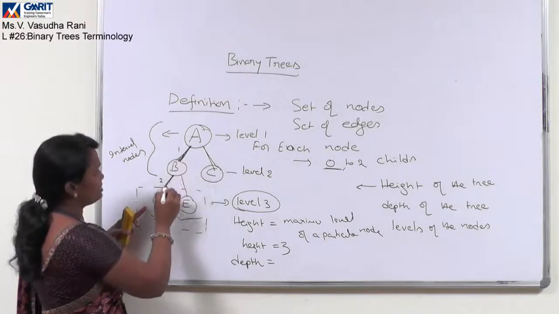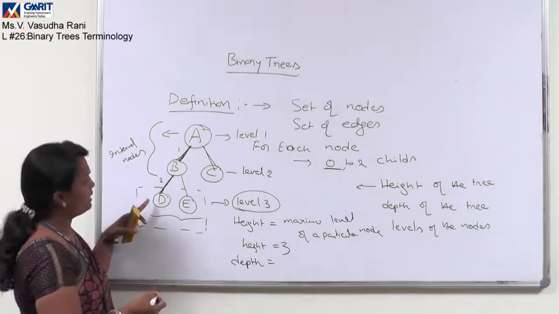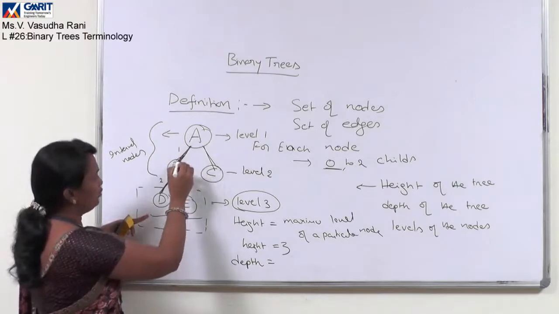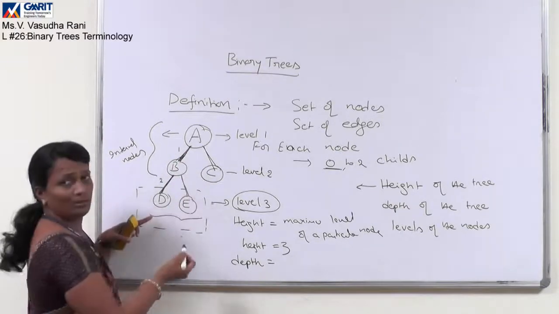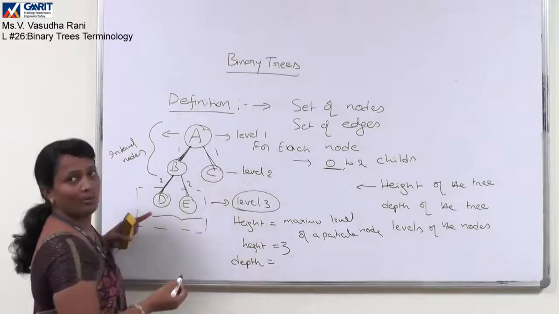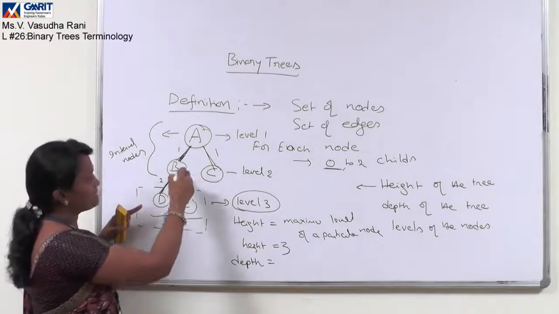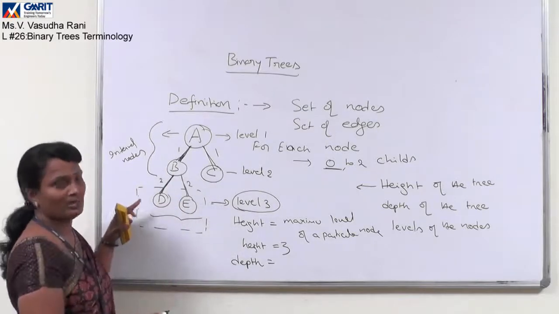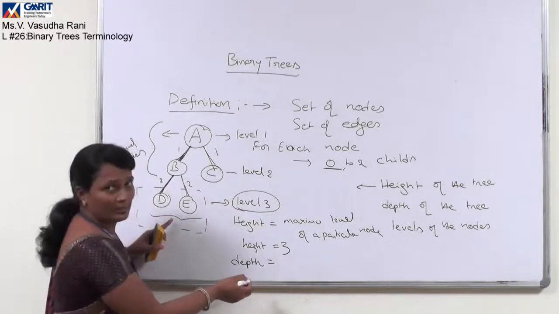So the path difference or the distance of path here it is 2, and A to B and B to E, if you take here also the path difference is 2. A to C it is only 1. Whatever highest path, distance path you get, that will be the depth of the tree.